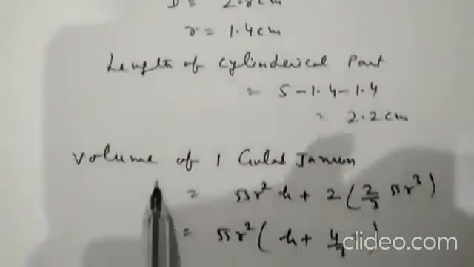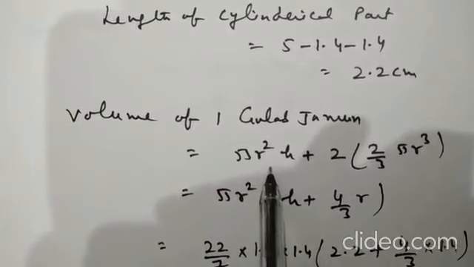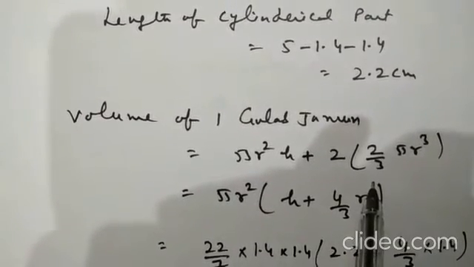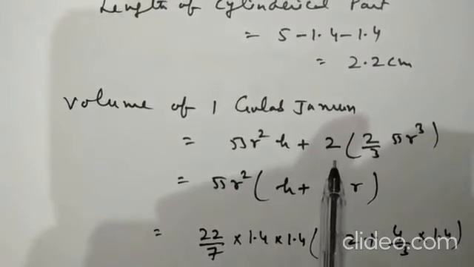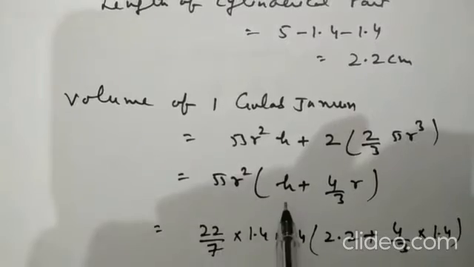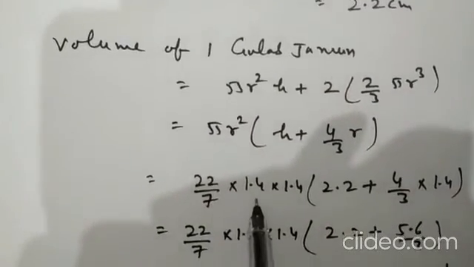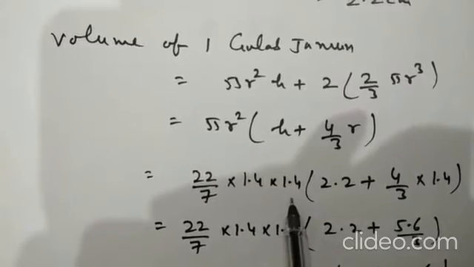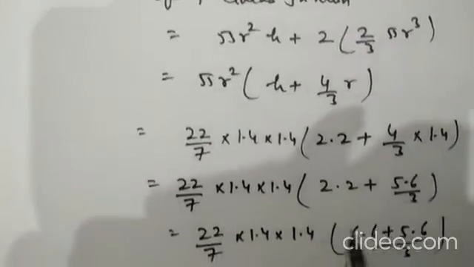Now what is the volume of one gulab jamun? It is volume of cylindrical part plus volume of two hemispherical parts. Pi r square h plus twice of 2 by 3 pi r cube. Pi r square common, h plus 4 by 3 r. Putting the values, radius is 1.4 into 1.4, 4 by 3 into 1.4.